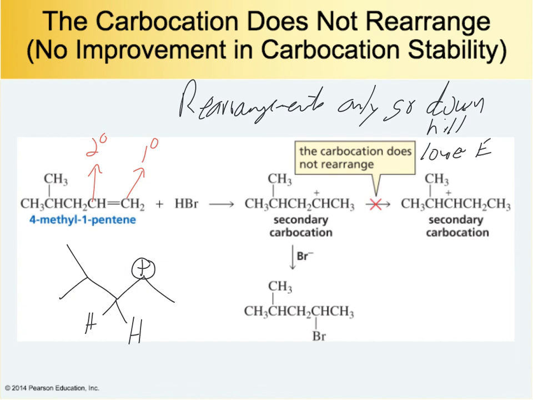You go from tertiary to secondaries. Or no, sorry, you go from secondary to tertiary. You never do a lateral move. You would never make a secondary and then make another secondary. Nope, that doesn't happen. You can make a secondary and then turn it into a tertiary, but notice, again, it has to be 1-2 bonds away. I could move this, but it wouldn't make it any better. It makes another secondary, and that's not what we want to do.